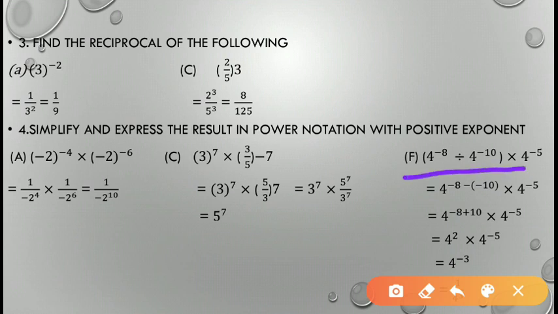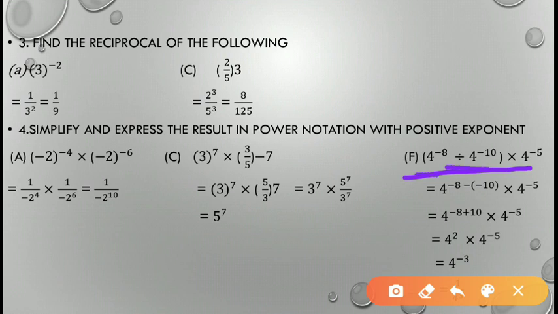Next question is this: 4 to the power minus 8 divided by 4 to the power minus 10, in one bracket, multiply 4 to the power minus 5. First of all solve the bracket according to the BODMAS rule. When you solve the bracket, you can see the bases are the same.